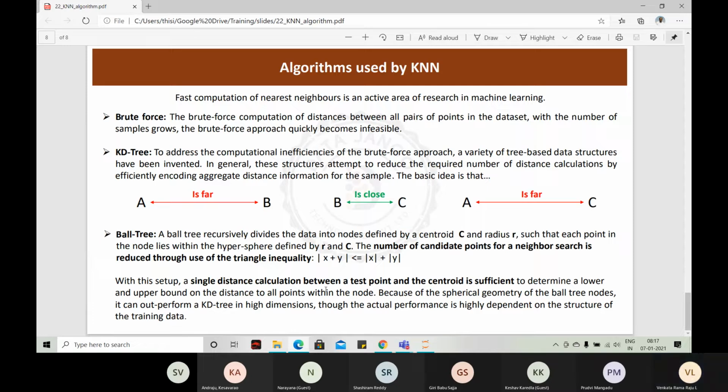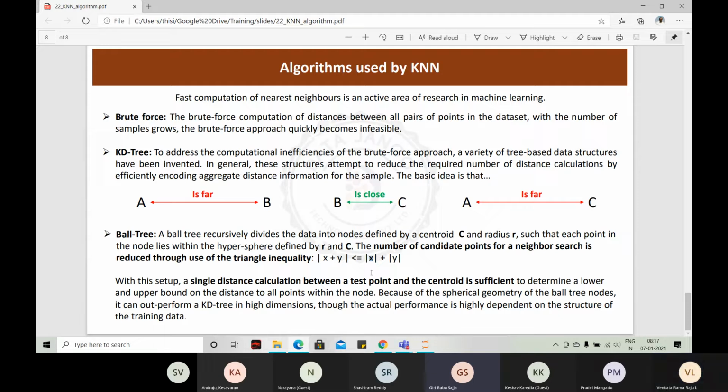What I'm visualizing is, let's consider X is a distance between, let's say, two points, two neighbors, and Y is the distance between, let's say, X is the distance between A and B, and Y is the distance between, let's say, B and C. Just assume.